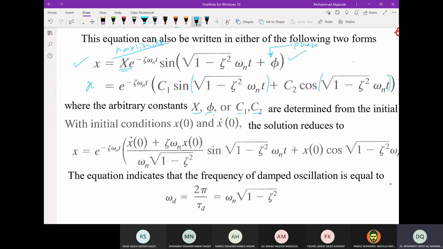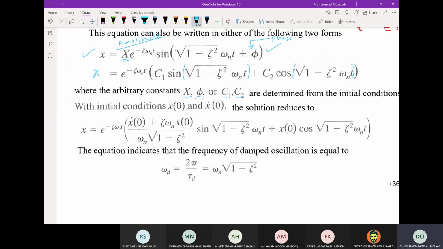Okay. So we can use any one of them, that X and phi or C1 and C2 are constants that come from integrating and solving the differential equation, which are determined from the initial conditions. The initial conditions, as usual, for second order ordinary differential equations are X at 0 and X dot at 0. The second form, which is this one, C1 and C2 are found.